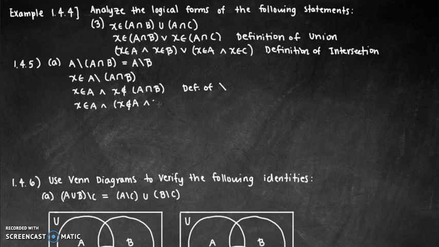X element of A and X non-element of B. So in a way, you could think that we distributed this negative, this not an element of, because alternatively we could have written it as not X element of that.